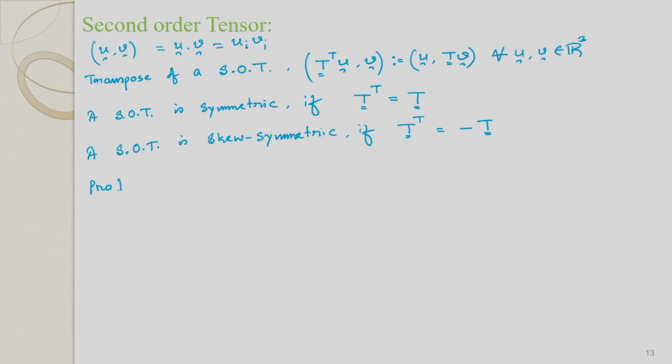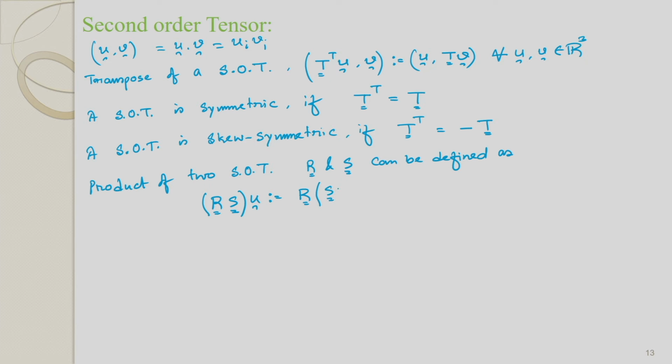Now, the product of two second order tensors R and S can be defined as this, where S is first operated on a vector and then R is further operated on the transformed vector.